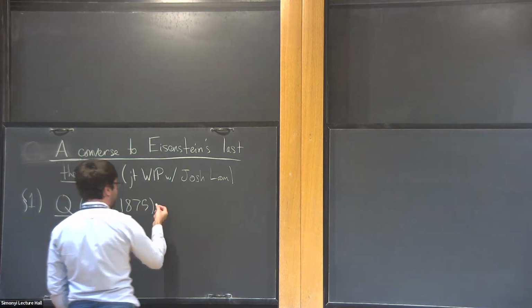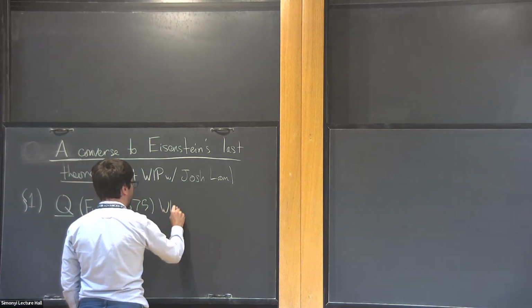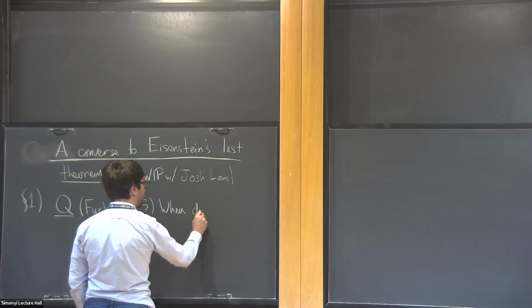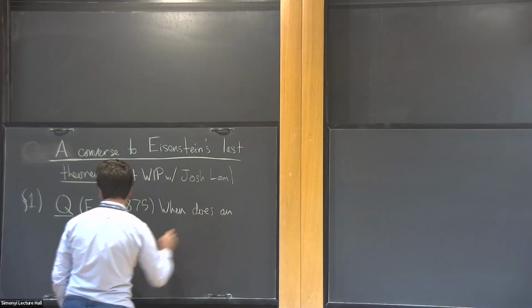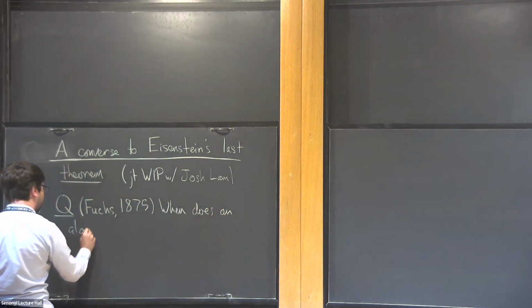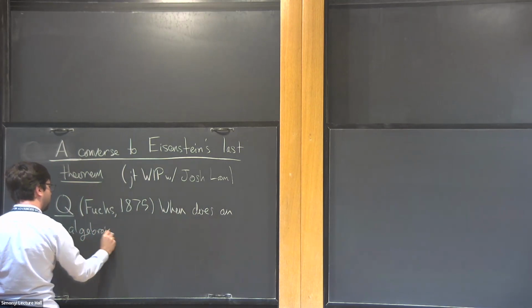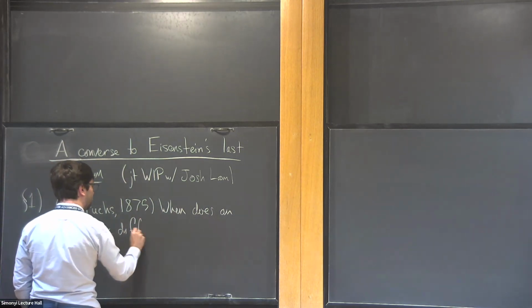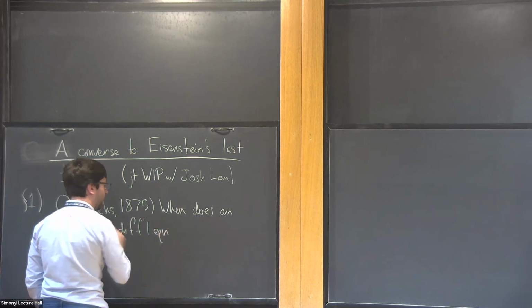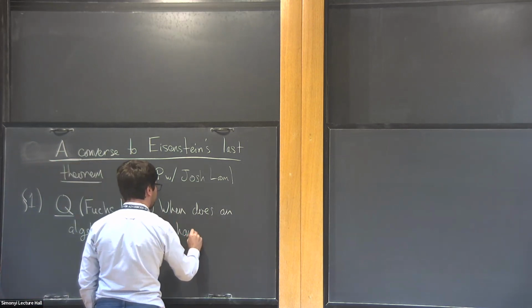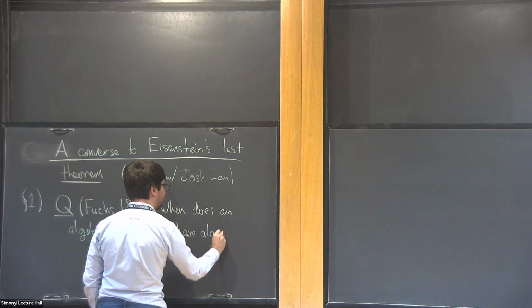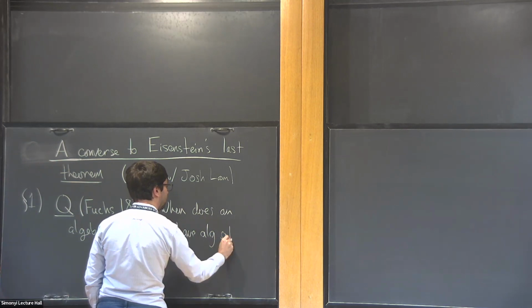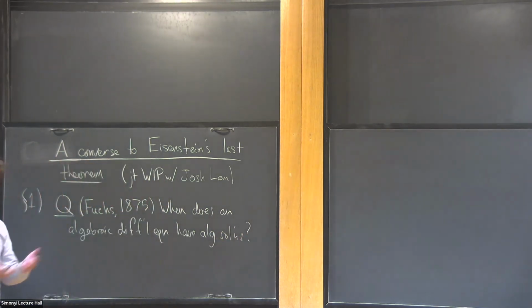How do you recognize when an algebraic differential equation has solutions which are algebraic functions? By algebraic solutions, I mean solutions which satisfy a polynomial whose coefficients are rational functions.